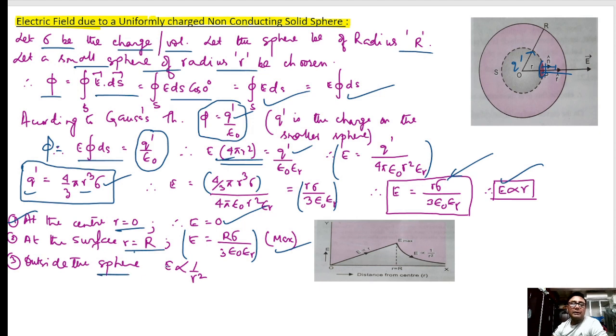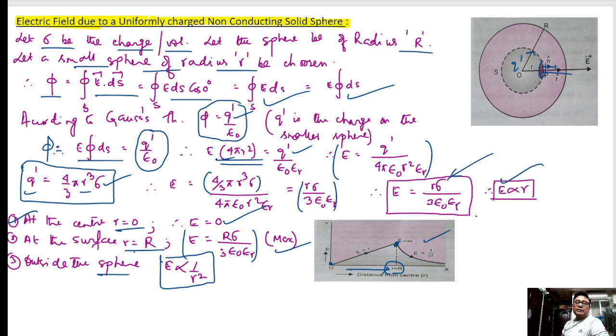And outside, this sphere behaves as a single charge, so the electric field will fall like this. So there are three sections. At r equal to 0, E is 0. As r increases to the maximum value, E becomes maximum. Outside, E is inversely proportional to 1 by r square.